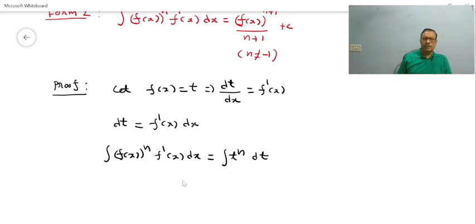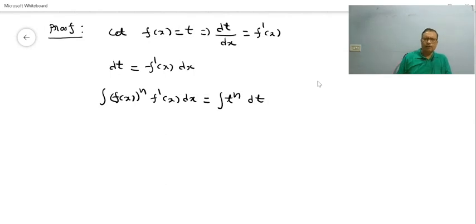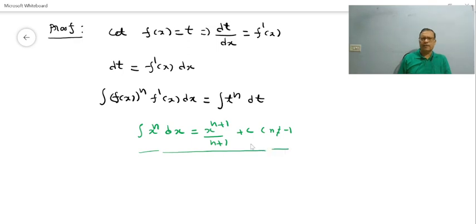So now it is of the form integral of x^n dx is equal to x^(n+1)/(n+1) plus constant. Here n is not equal to minus 1. Okay. So what is the formula? Integral of x^n dx is x^(n+1)/(n+1) plus constant.